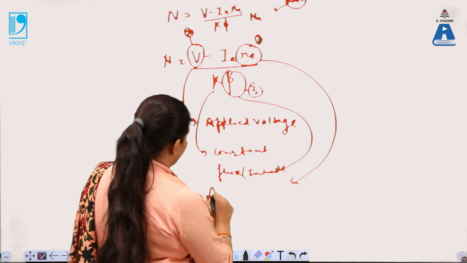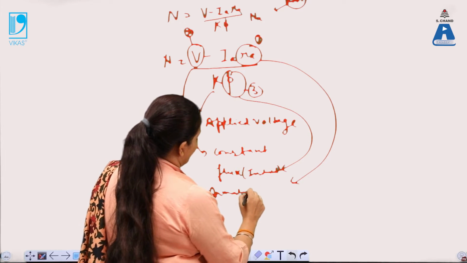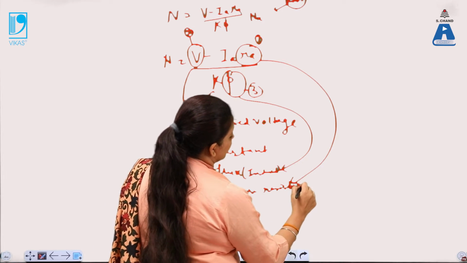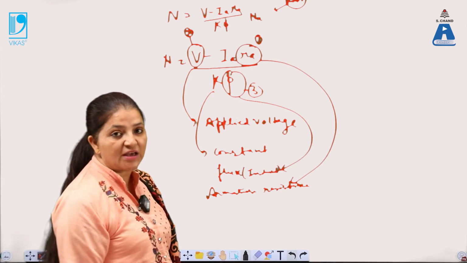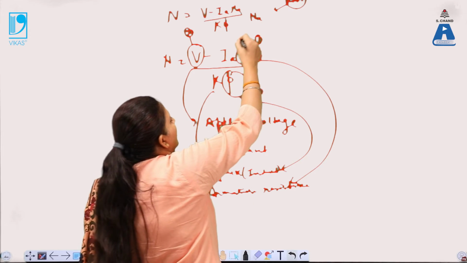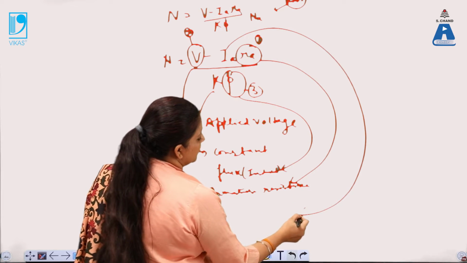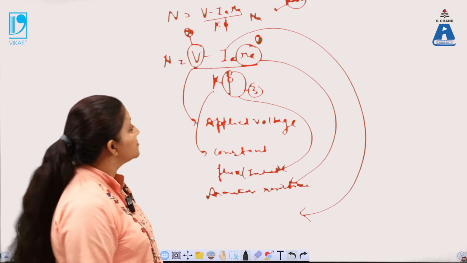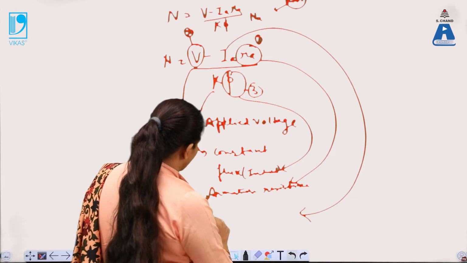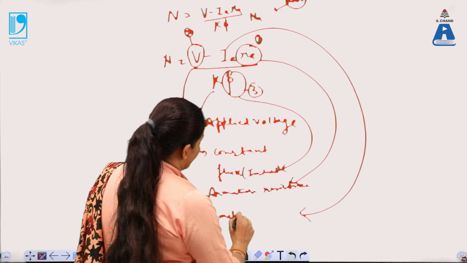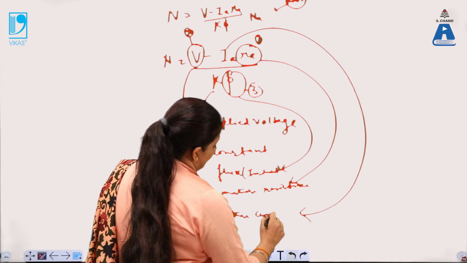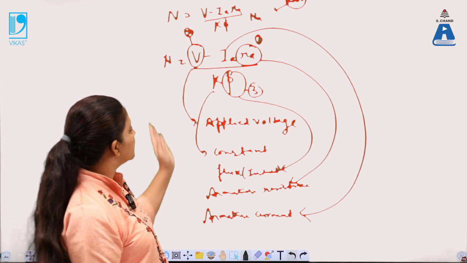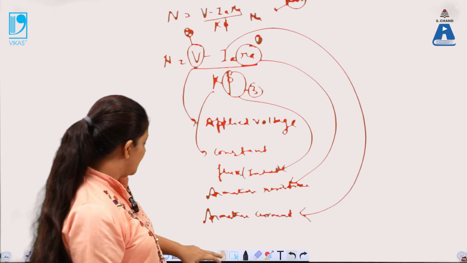Ra is the armature resistance, or you can say the variable resistance which can be introduced in the armature coil. Now, due to the flux induced in the field winding, the current will start flowing in the armature coil. So, Ia is known as the armature current. These are the parameters on which the speed of this three-phase induction motor depends.